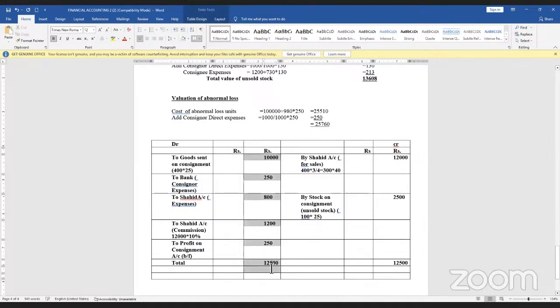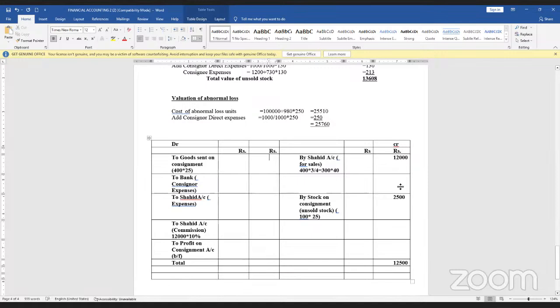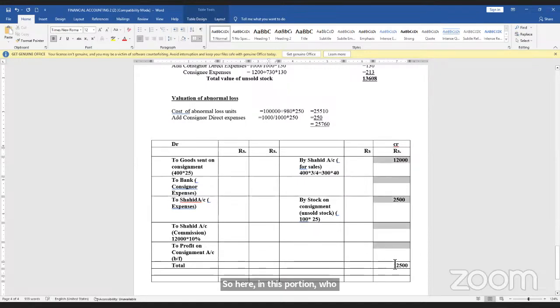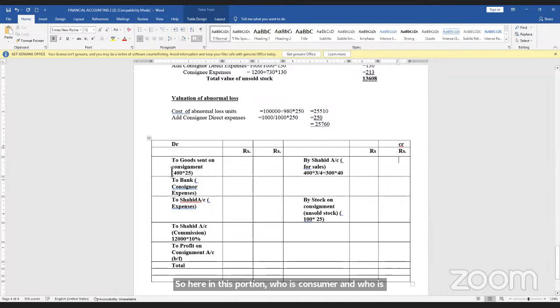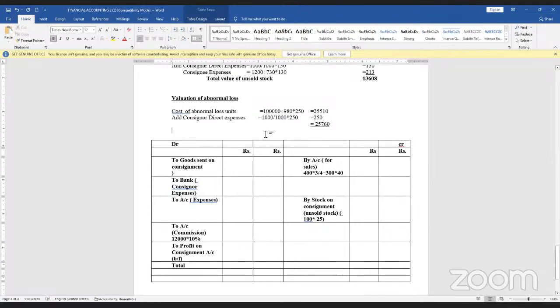So here in this question, who is consignor and who is consignee? Can anyone please say? Please, who is consignor, who is consignee here? So I'm preparing the consignment account.